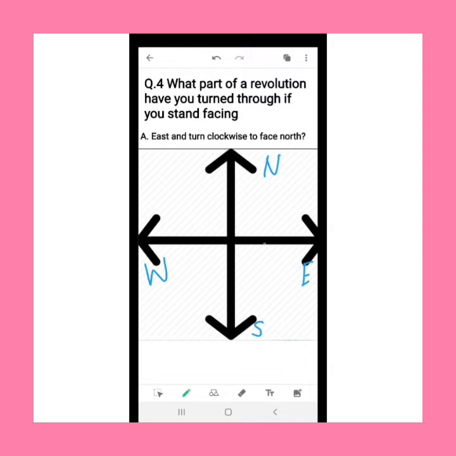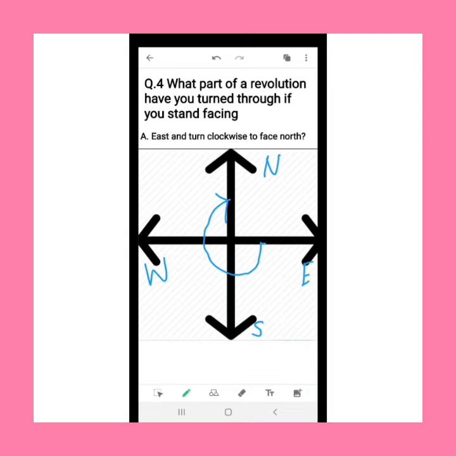That means you are starting from this point, east, and clockwise means you have to go like this from right hand side to left hand side, reaching north. So it is asking what part of a revolution have you turned through.